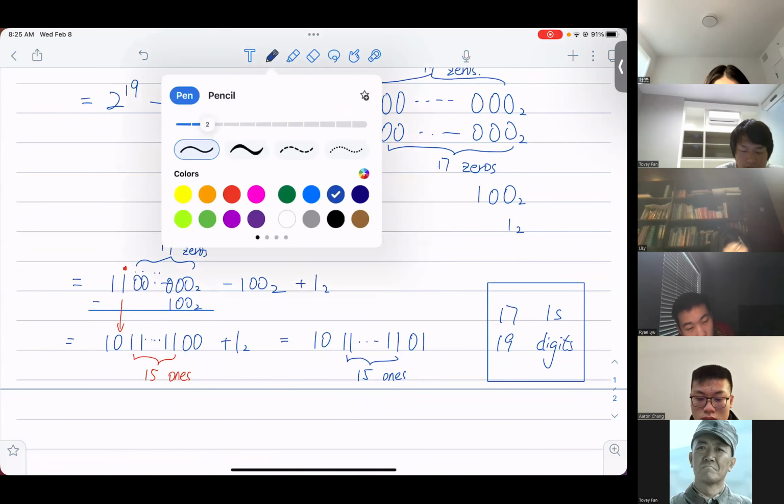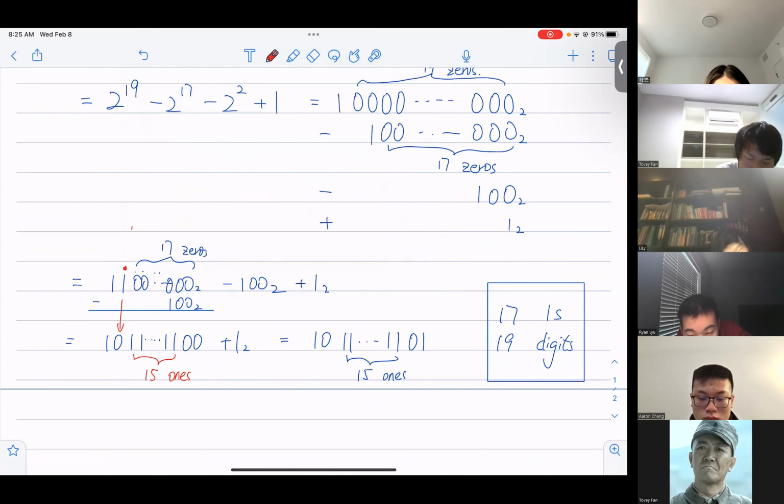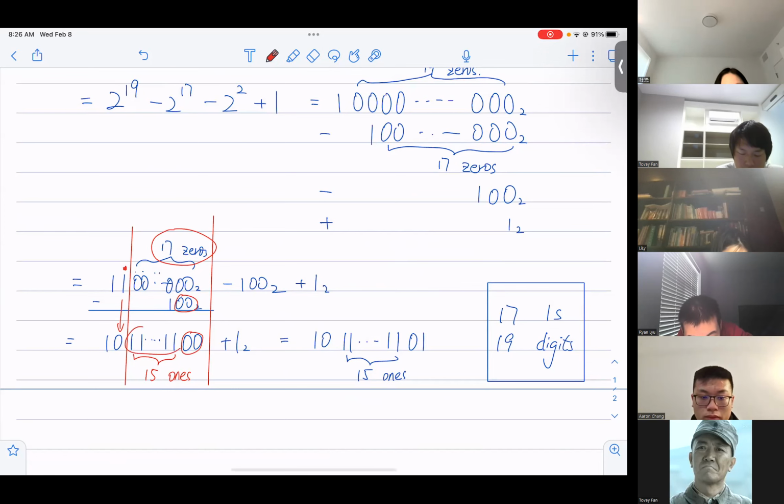So it can be really hard. Okay, I'm gonna line them up here so that you can see that it is clearly 15 ones here, right? Because here you have 17 zeros, 17 digits. The last two zeros are still zeros, and these digits become ones.